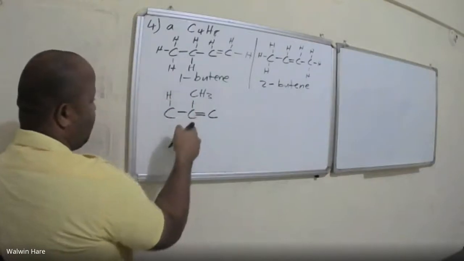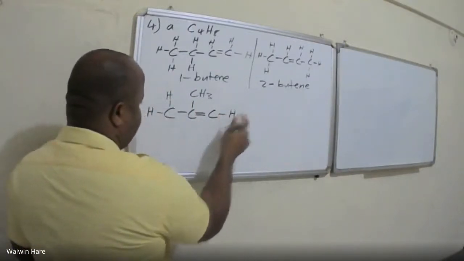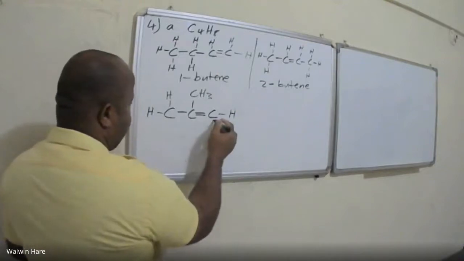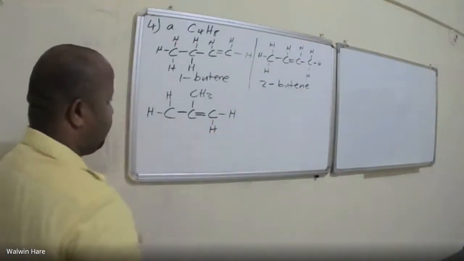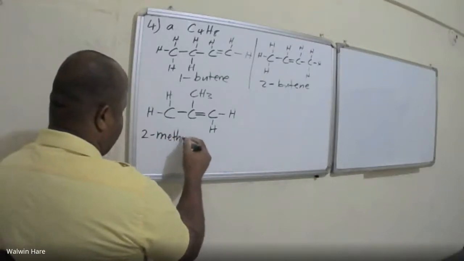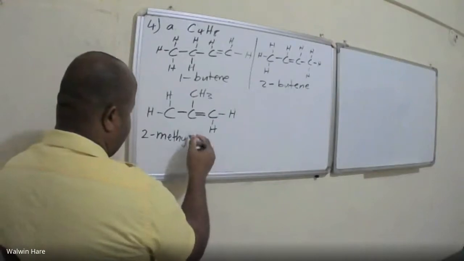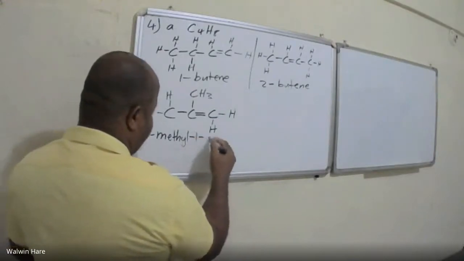So what is the name of this alkene? 2-methyl-1-propene. Right.